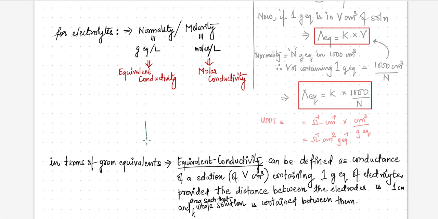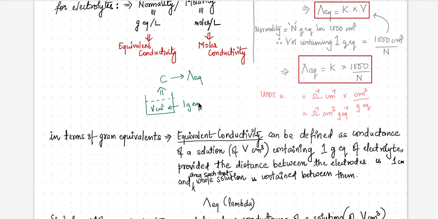Now here an important thing to note is the distance. For example, suppose this is the electrolytic solution and you have V centimeter cube, and the concentration here is 1 gram equivalent. When you measure the conductance of this solution, this conductance is what you refer to here as the equivalent conductivity, and you represent it using the symbol lambda EQ.